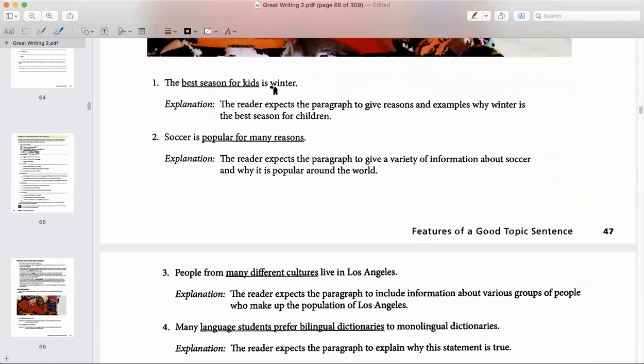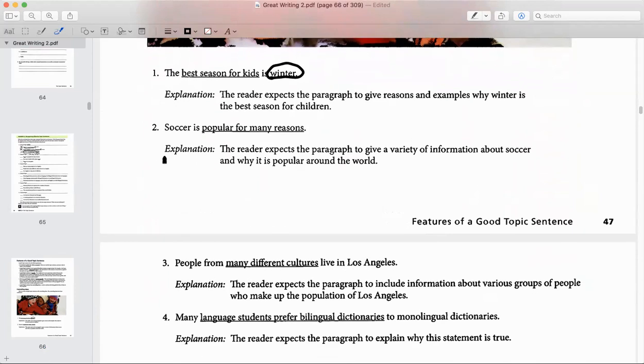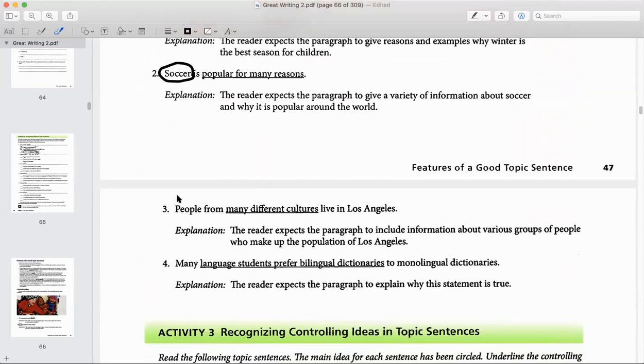What's our topic? I'll circle our topic. That's winter. The controlling idea tells us what we're going to be saying about winter. And that is the best season for kids. Soccer is popular for many reasons. All right, soccer is our topic.